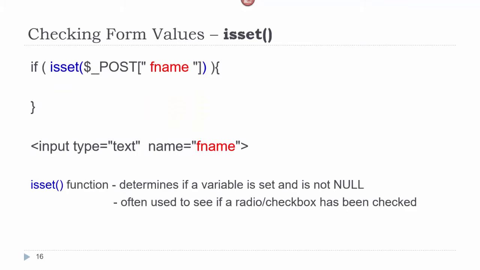Sometimes we want to make sure that there is a value being sent over. The isset function returns true or false. So we can use this within an if statement to make sure that we do have values. This is often used to see if a checkbox or radio has been checked, because they will not send over a value unless they are checked.